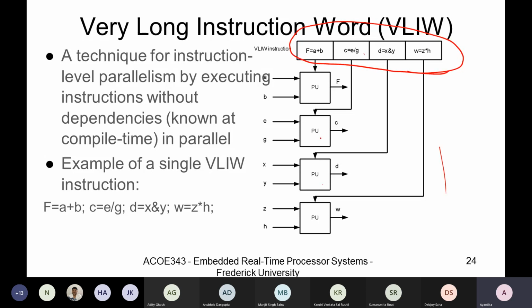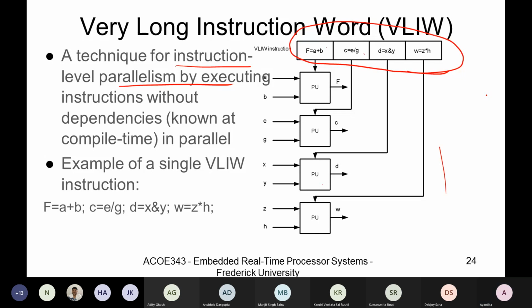So this way you have one single instruction word. That means this single instruction gets executed in a single instruction cycle. This is called instruction level parallelism again, executing instructions without any dependencies. If they do not have dependencies, you can form that very large, long instruction word, and you can actually apply the parts parallelly.